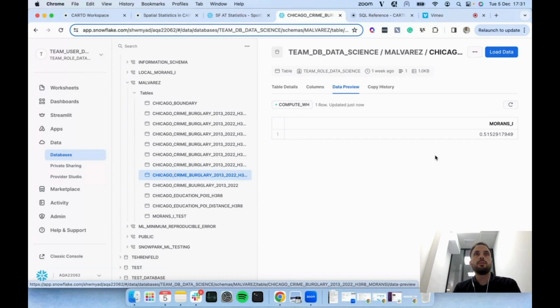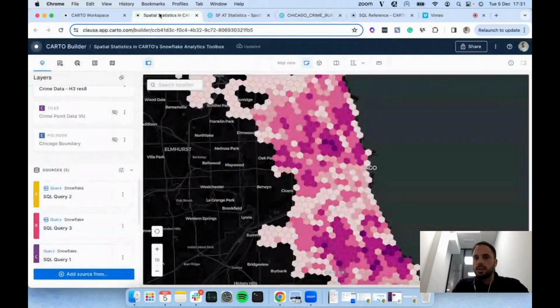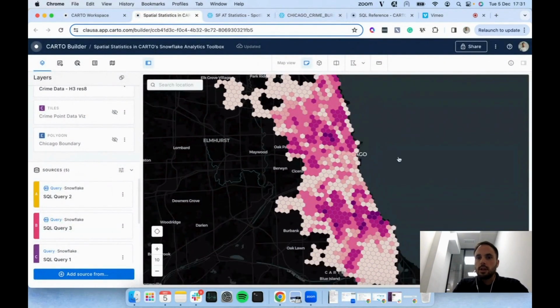So in this case, 0.5 is pretty decent. Basically, from the very beginning, we saw that there's some spatial pattern here. We can see some exceptions where we have low values very close to high values, but in general, it shows quite a strong spatial autocorrelation.